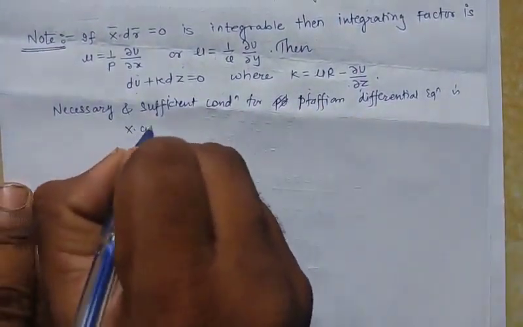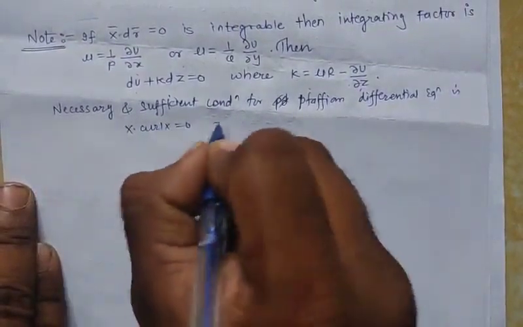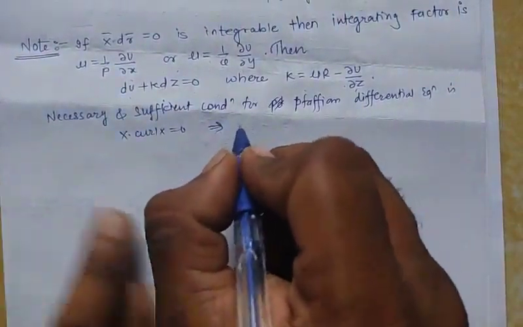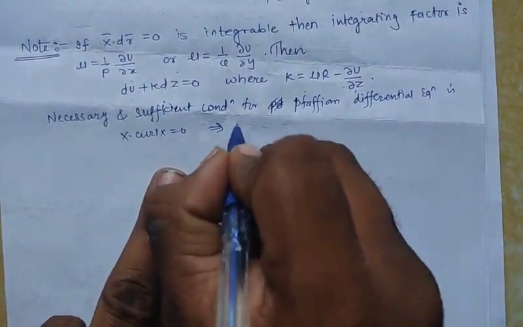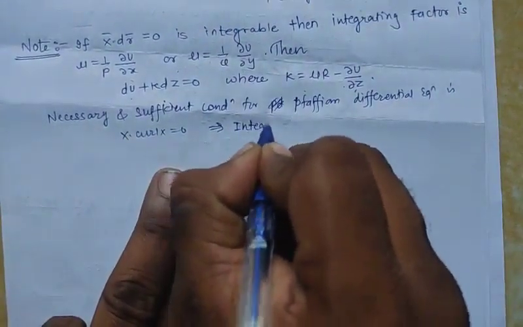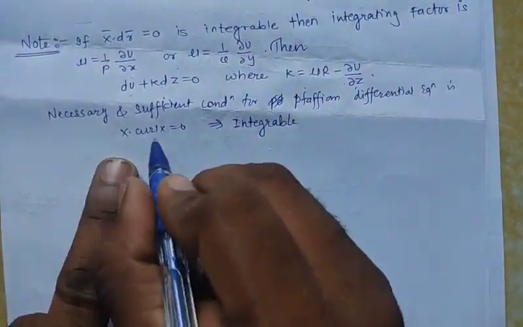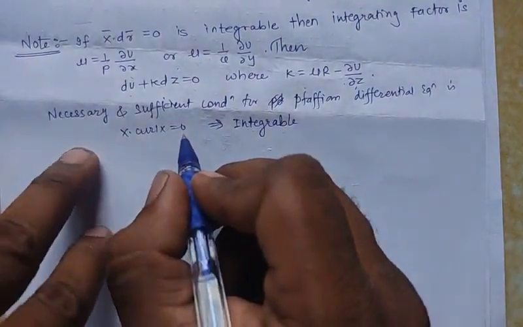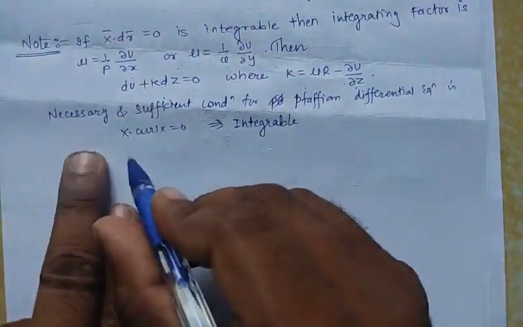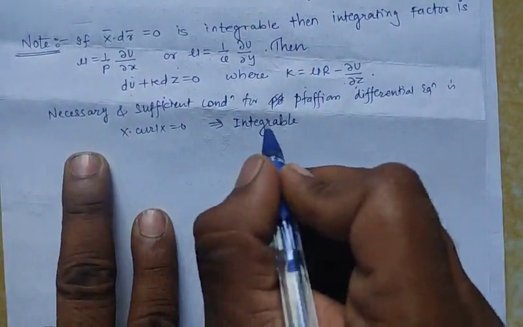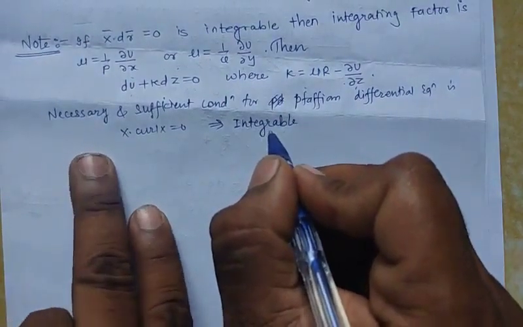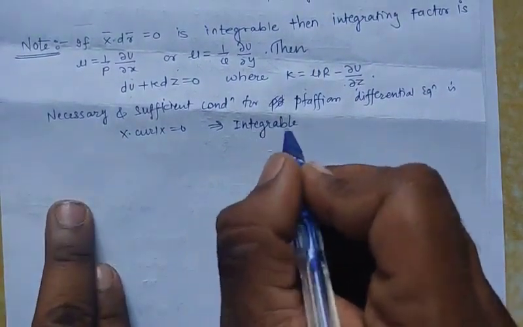If X · curl X is equal to 0, then we say that the given Pfaffian differential equation is integrable. If X · curl X is not equal to 0, then it is not integrable.